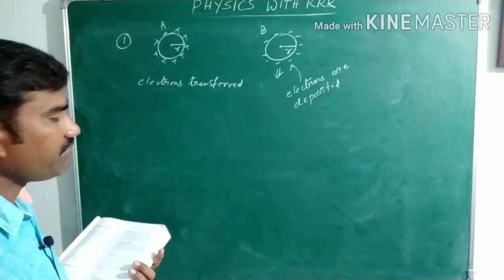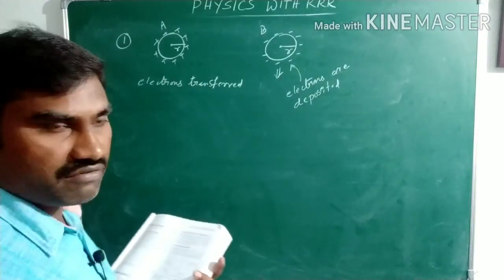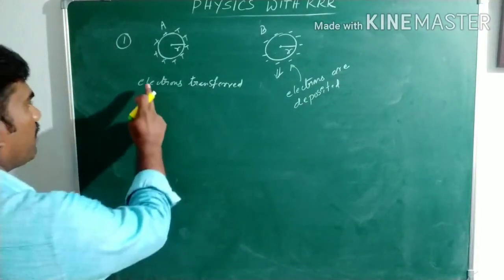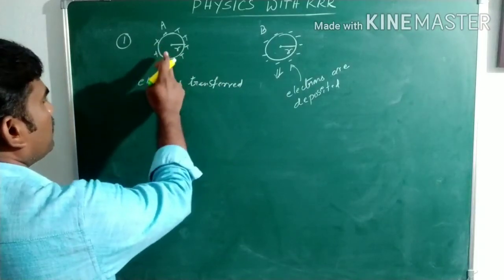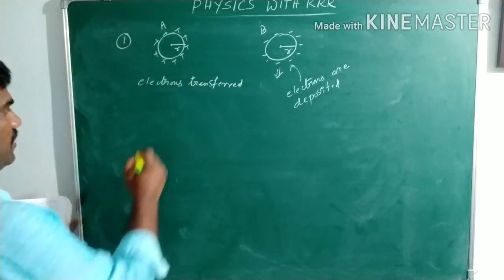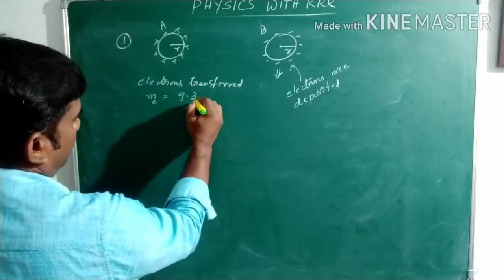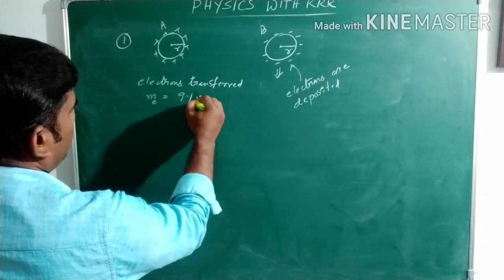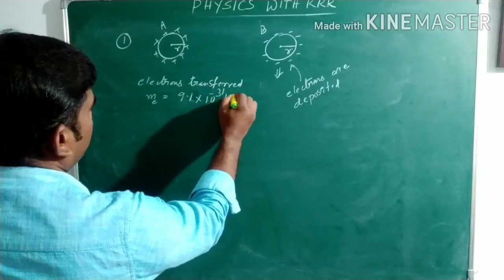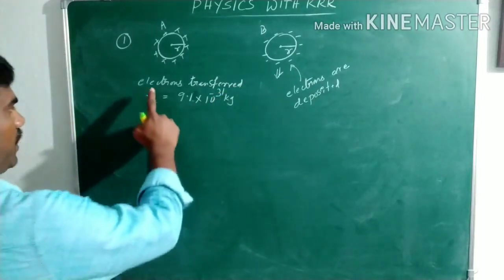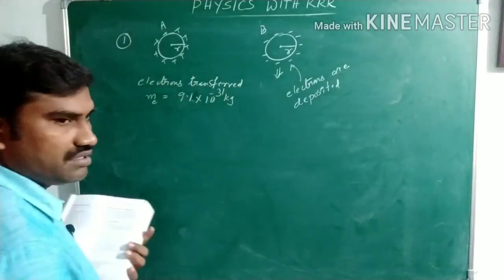You see, in the case of electrification of a body, when electrons are transferred from this body, the body acquires positive charge. Every electron has a mass m equal to 9.1 into 10 power of minus 31 kg. When electrons are removed, this much mass decreases.